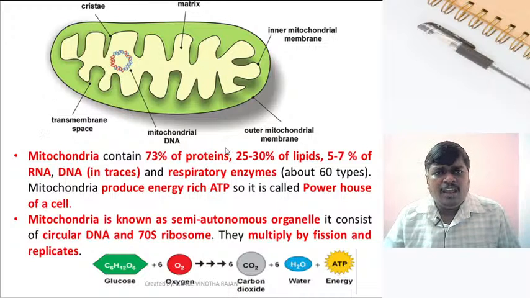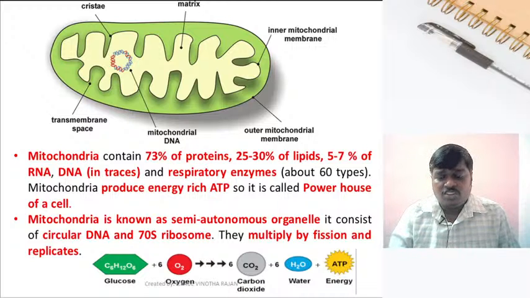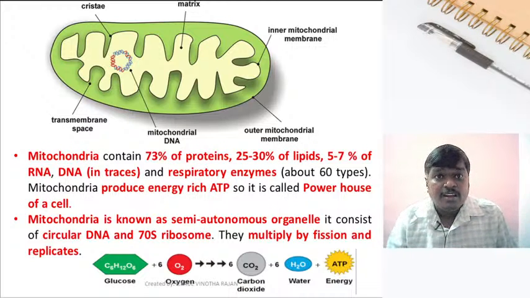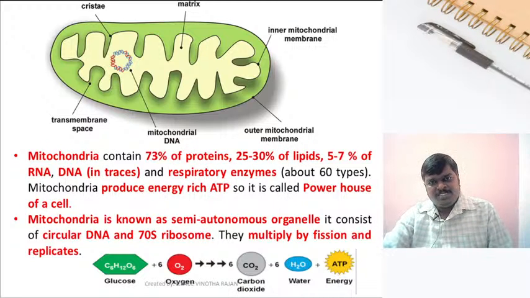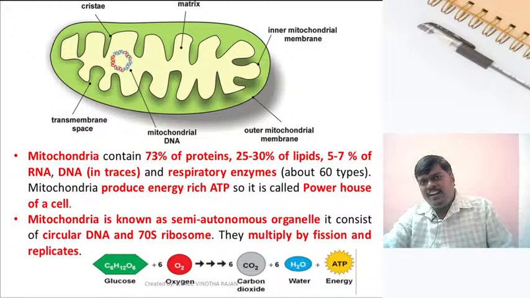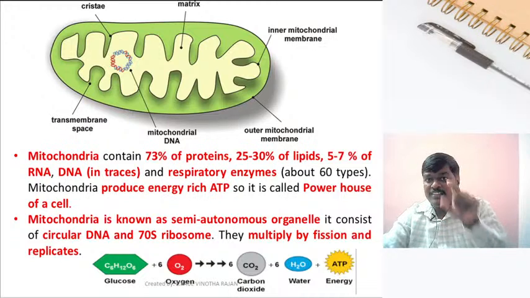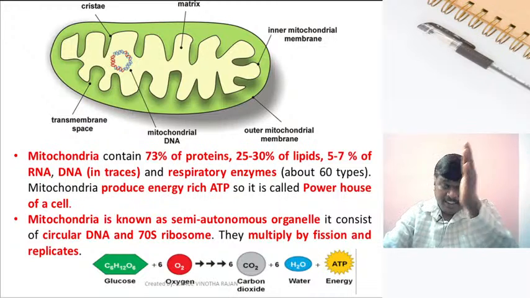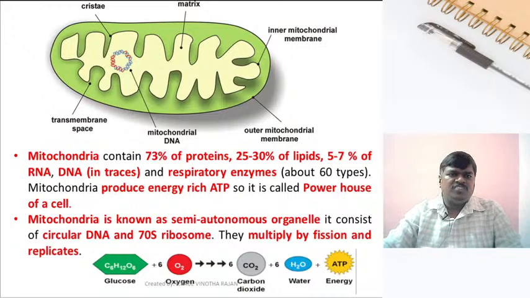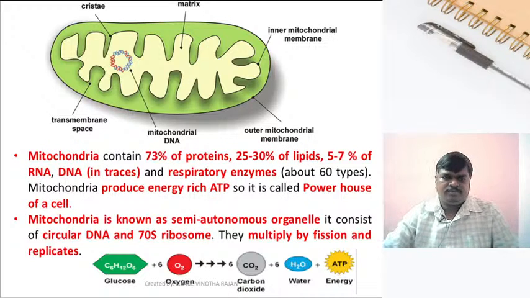And mitochondria is known as a semi-autonomous organelle. As I mentioned, it is called a semi-autonomous organelle. Why? Because it has its own DNA. Usually if you take a cell, the cell has a nucleus, and that nucleus contains DNA, whereas the mitochondria, being an organelle, has its own DNA. That's why it is called a semi-autonomous organelle.